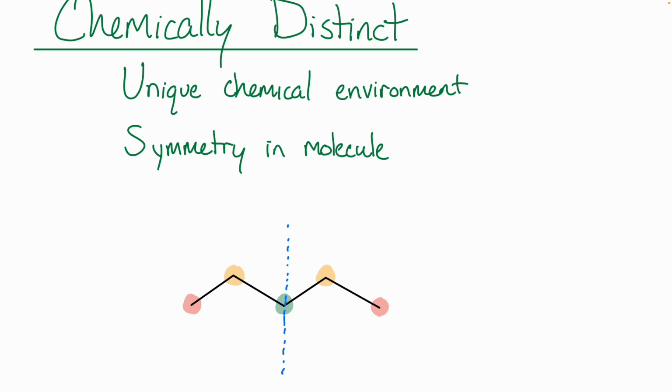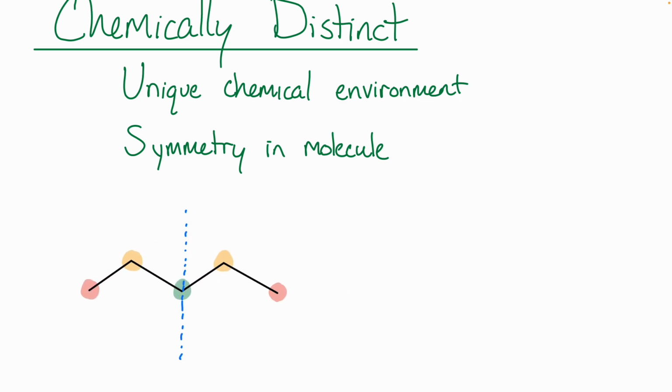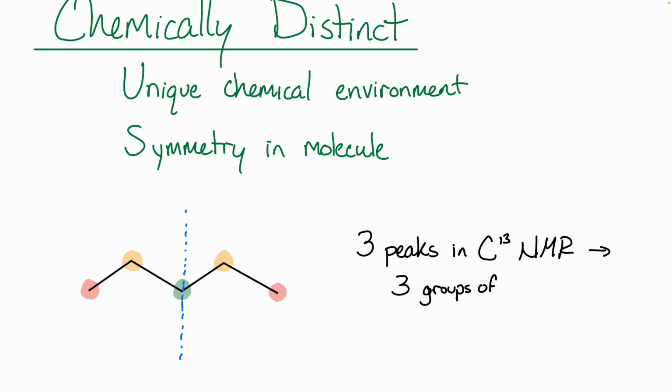Because we have 3 chemically distinct groups of carbons. So 3 peaks in our C13 NMR, because we have 3 groups of chemically distinct carbons.